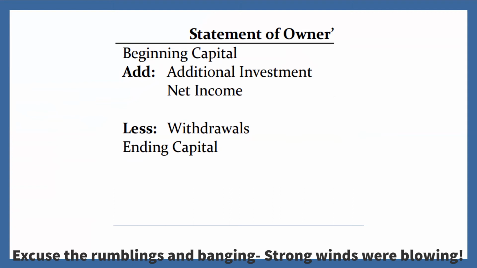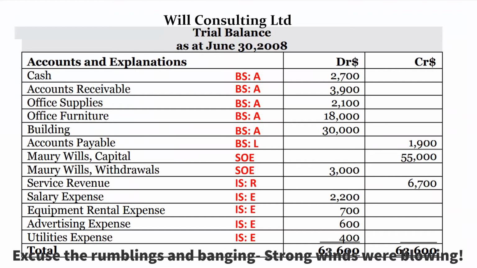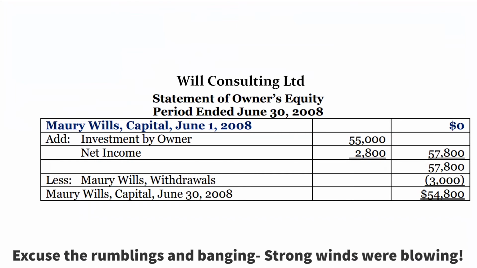And then that balance gives us our ending capital balance, which is what moves to our balance sheet. So let's look back at our trial balance and identify the things that have to go in our statement of owner's equity, right? So here, this is what our statement of owner's equity looks like.